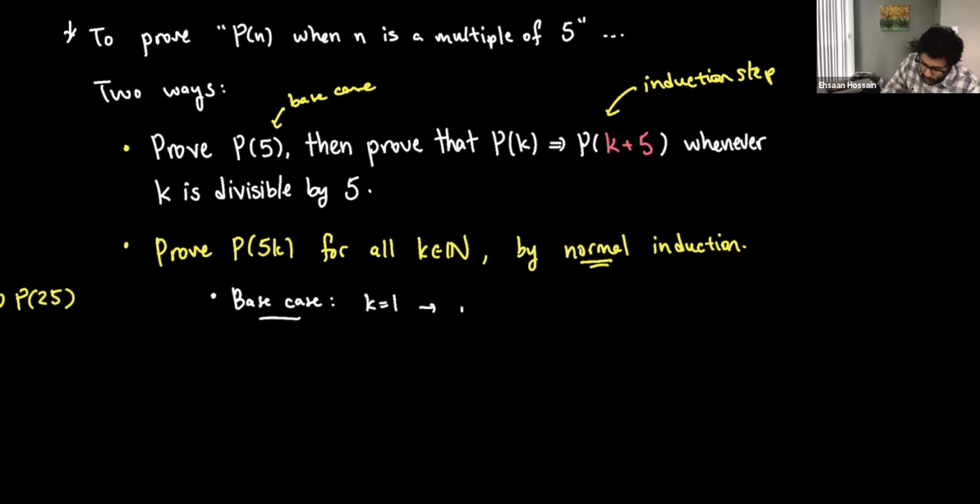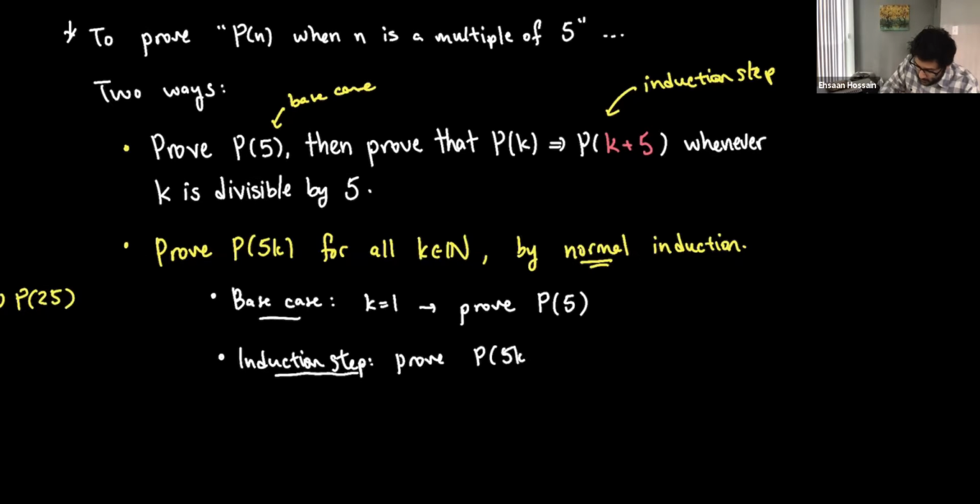So I have to prove this statement P of 5k when k is 1. So prove P of 5. So as you can see, it's the same base case. And then for the induction step, prove P of 5k implies P of 5k plus 1 for all natural k.